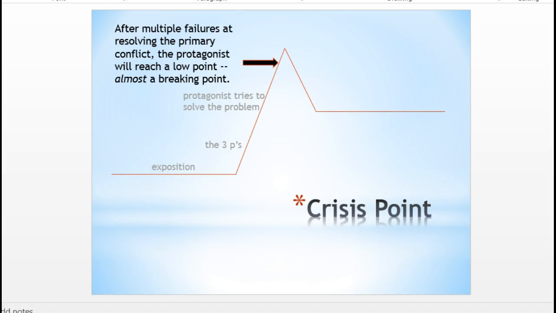I can't go on. In some stories, particularly an adventure sort of story, the main character may even appear to die emotionally or literally, depending on the type of story. But there's going to usually be something that rallies that protagonist on to keep going forward and continue with this effort to conquer the problem, whatever it may be.